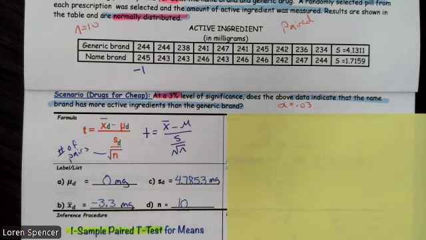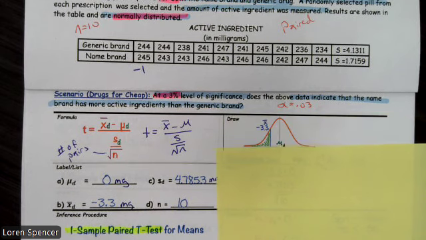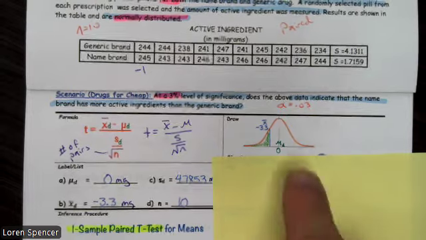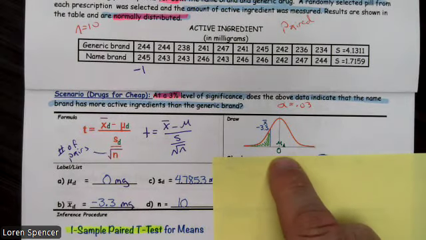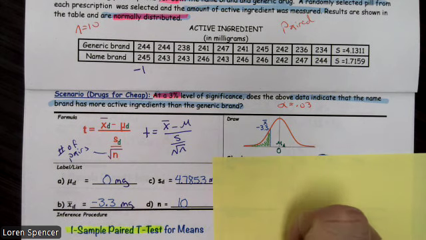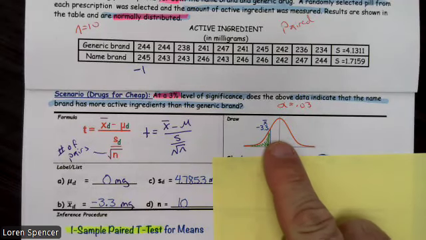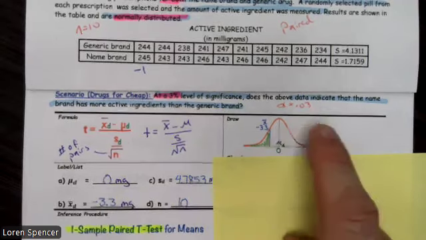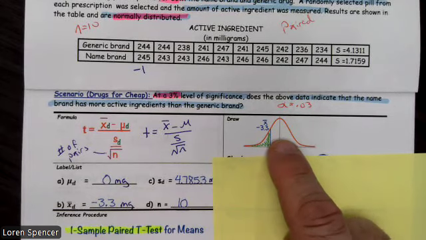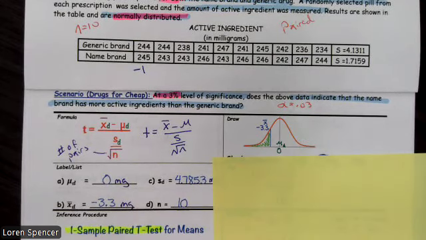Well, all hypothesis tests are centered on the population mean. And our population mean here is assumed to be 0 because we're assuming that there's no difference between generic brand and name brand on the amount of active ingredient. Now, our X bar ended up being negative. All right. And what did we do?